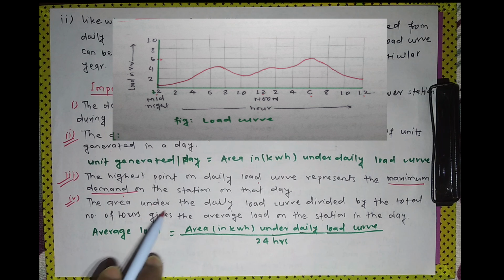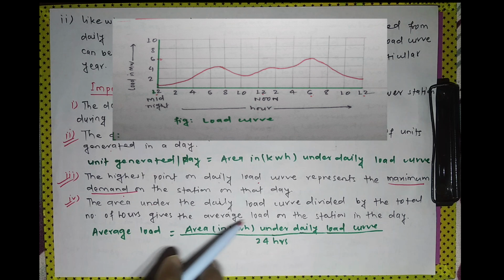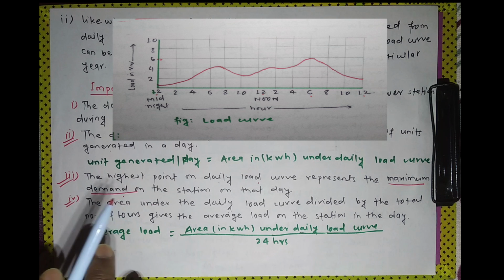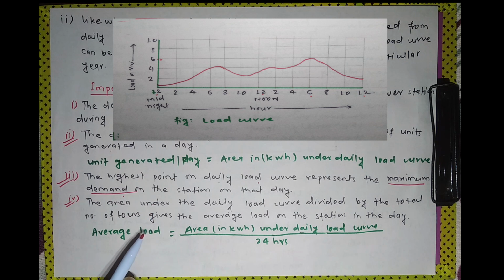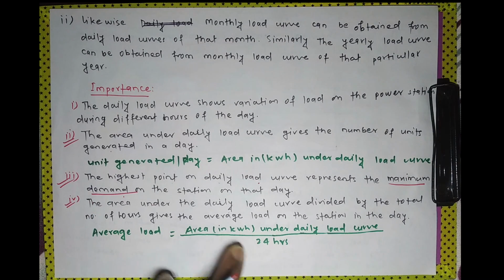The last one: the area under the daily load curve divided by the total number of hours gives the average load on the station. We can find out the average load on the station with the help of load curves. If we divide the area under the daily load curve by 24 hours, we get the average load per day.